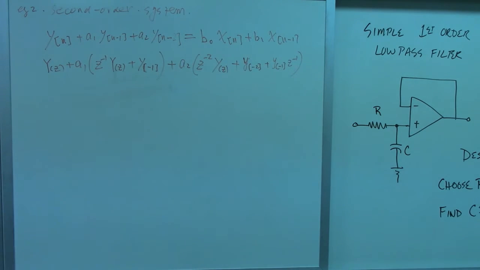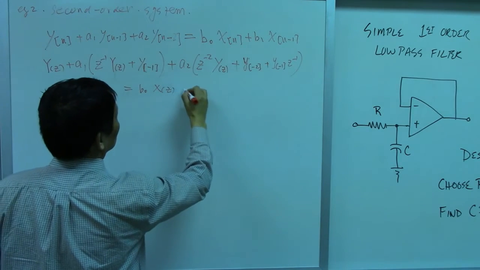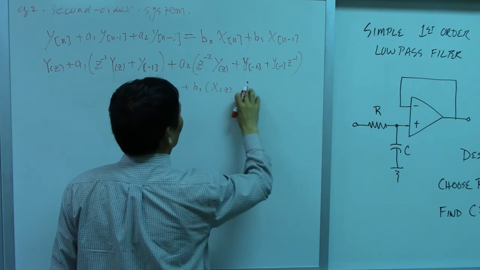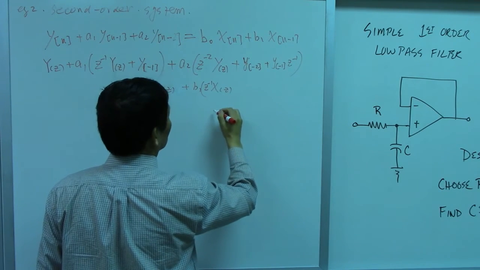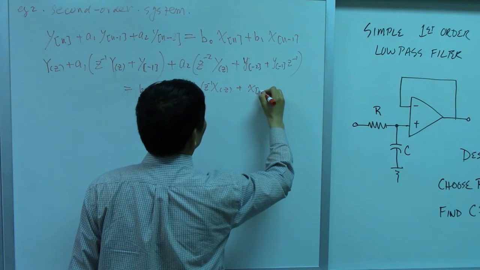All these transforms are in the table, so you had better memorize them because they are very common. We use them a lot of times, or at least you know where to find them. So those terms are the Z transforms of the left-hand side. Then the right-hand side: b0 X(z), then plus b1 X(z) z to the -1, then plus x[-1] terms.